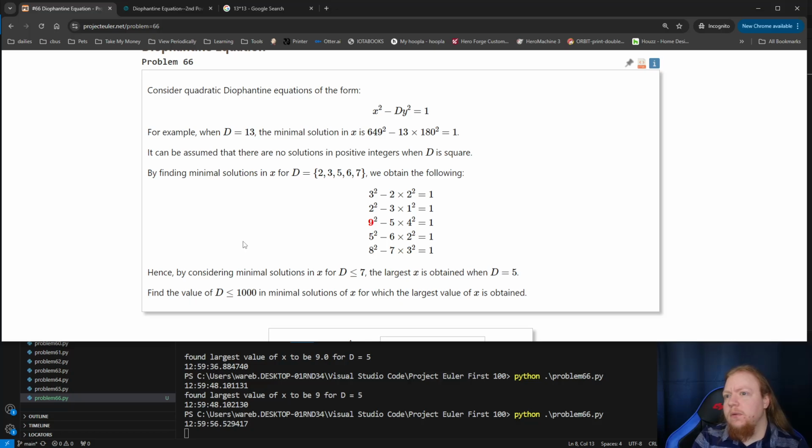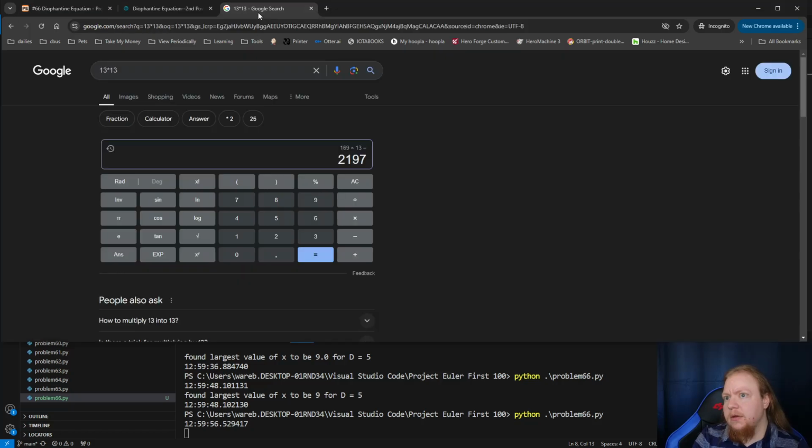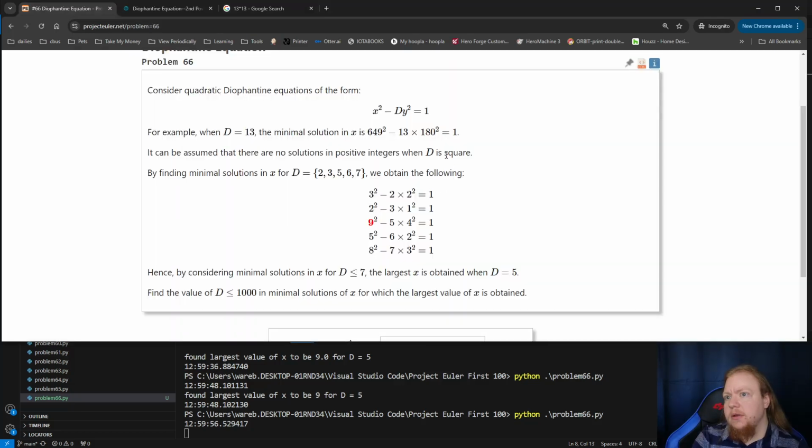So I think that x has to be smaller than d cubed. Though I don't really have any basis for that, other than in the few examples that I'm seeing here, it is not.